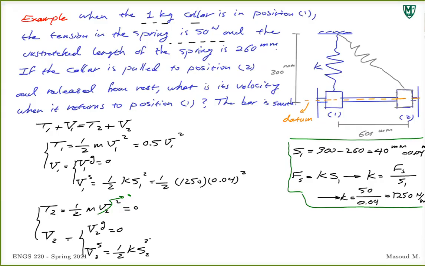Now, what is S2? What is the change in length, or how much the spring is stretched, when we are at position 2? K we already know from before. K is constant. Once you find K for a spring, that just is the same. It's a property of the spring, so it doesn't matter what information you use to find K, your K is always the same. Just keep that in mind.